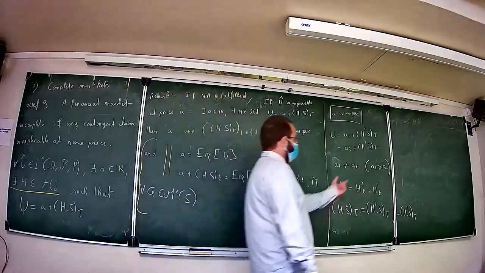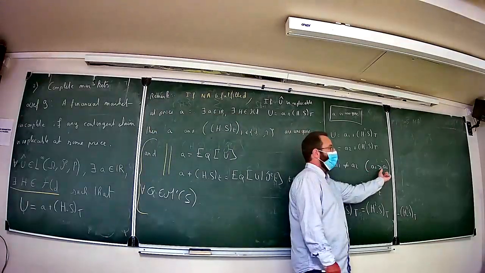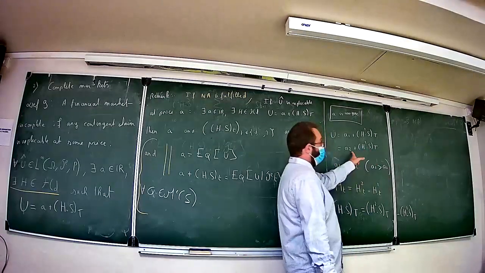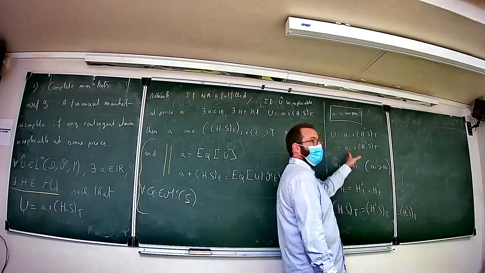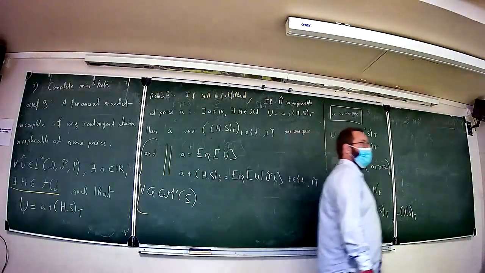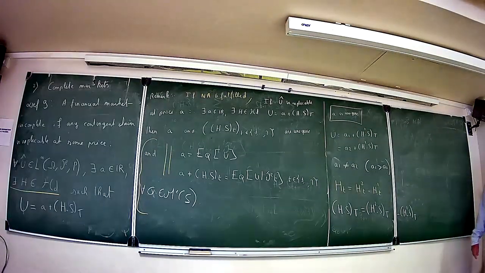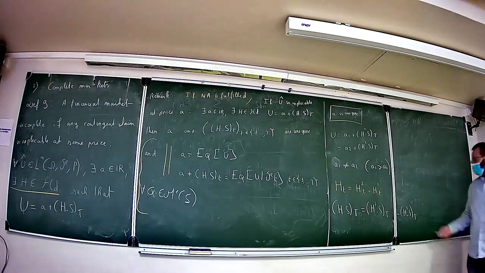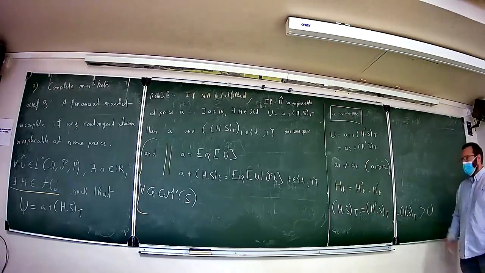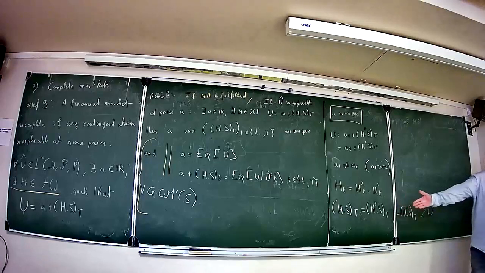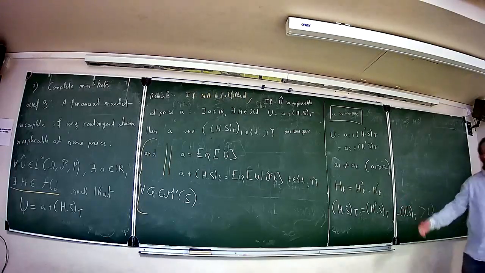It's strictly positive because I have supposed A1 strictly greater than A2, and because they are replicable with both strategies here. So I have H2 minus H1 equal to A1 minus A2, which is strictly positive, and you have here on the board an arbitrage opportunity.